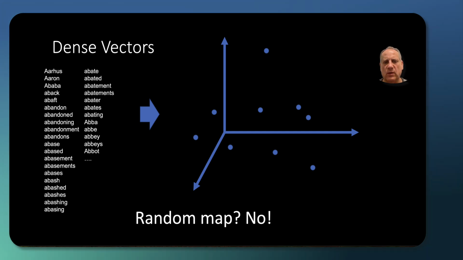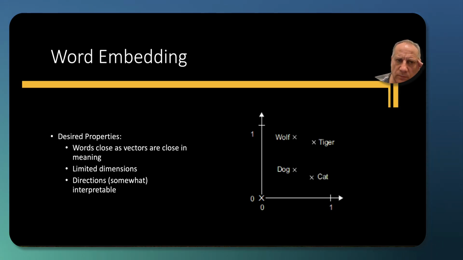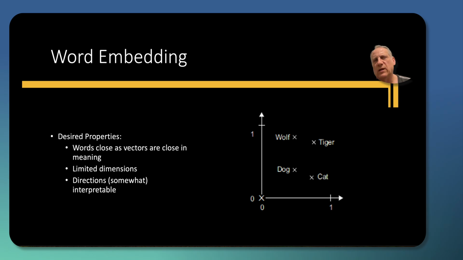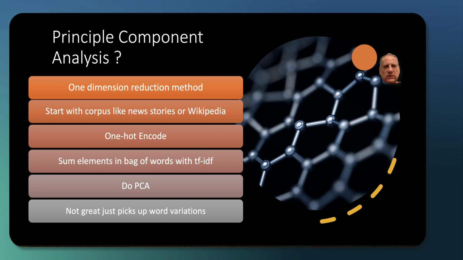Okay, so this does pack them in densely, as opposed to the one-hot encoding, which is sparse. But we don't have words which are related to each other being close together, and we don't have directions in this space being interpretable. So you could imagine you could do principal component analysis. Maybe that would help.